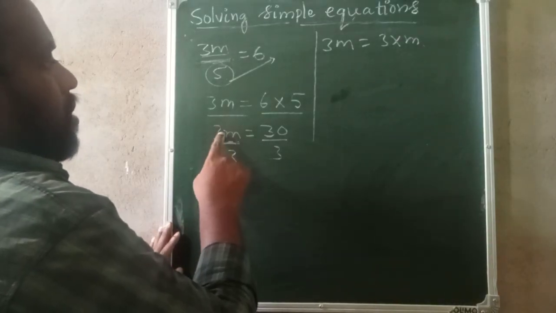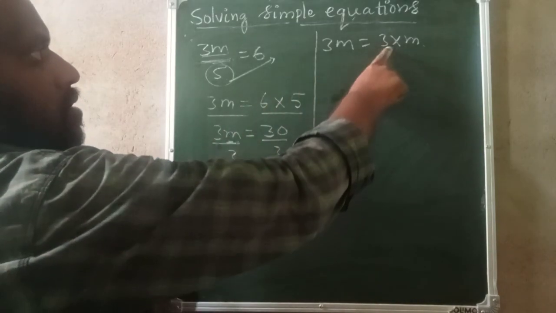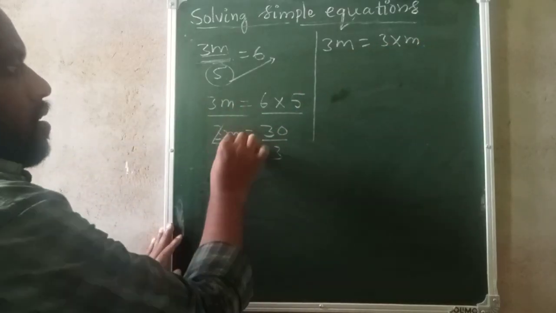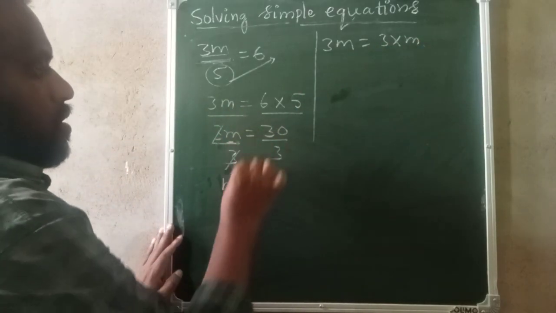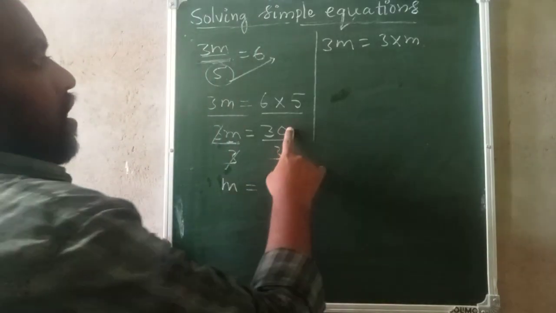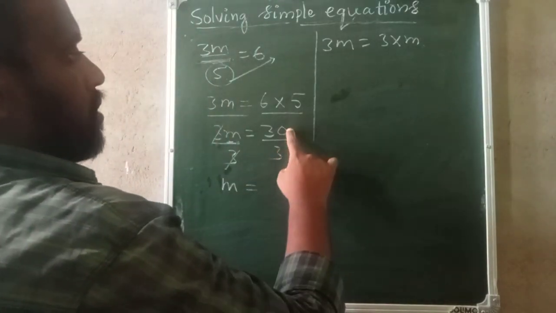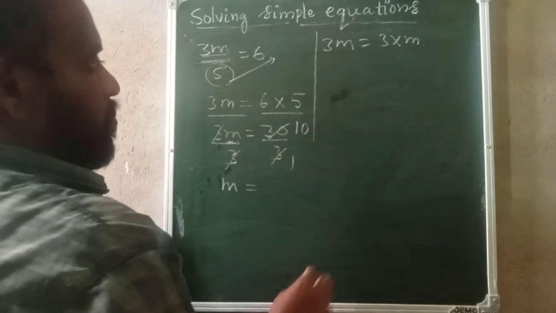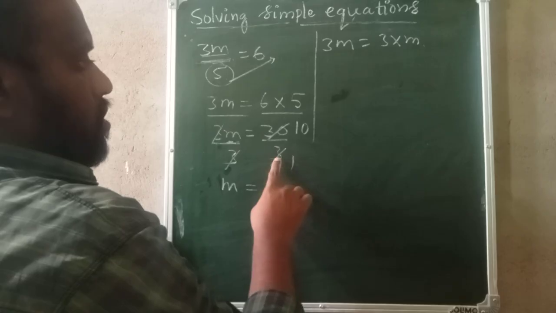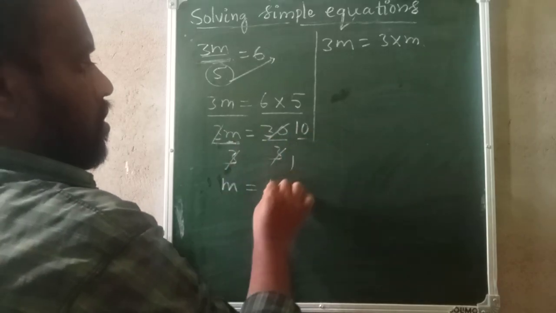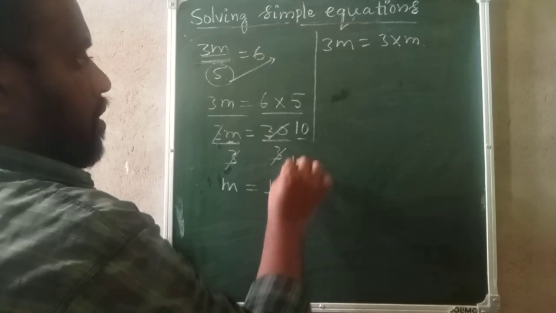Since between 3 and m there is into, like this, 3 into m, you can cancel 3 and 3. Now what is left? m is equal to, next, 30 by 3. I mean dividing 30 by 3. So 3 ones are 3, 3 tens are 30, like that. So what is left? 10, this line, this 1.